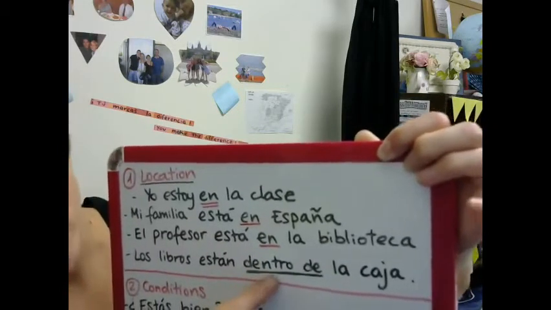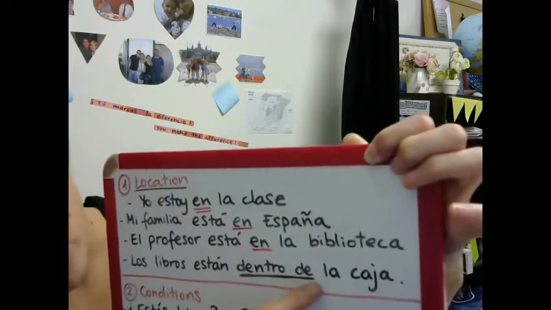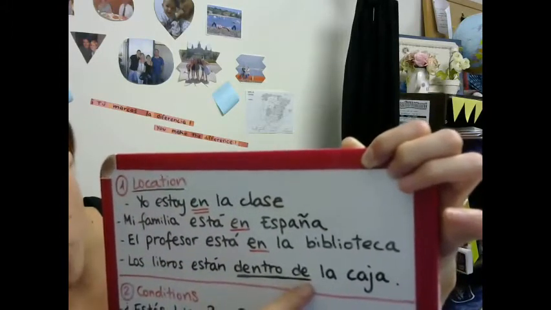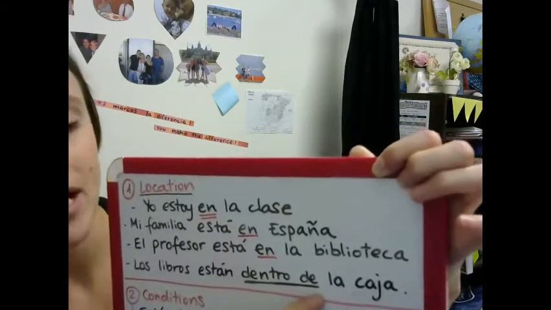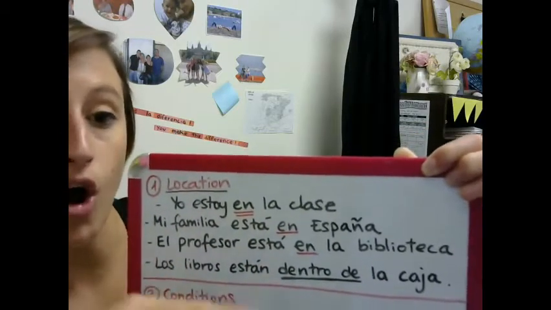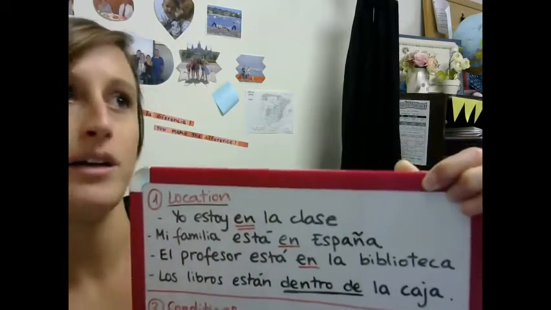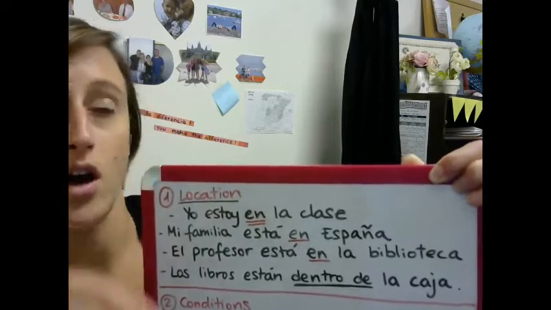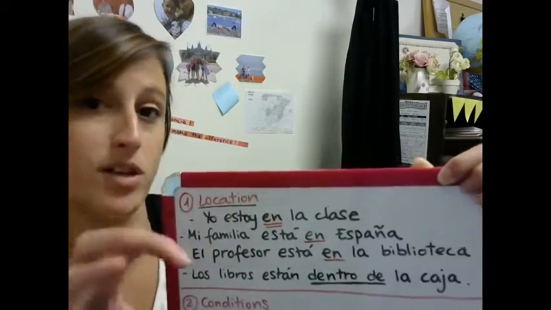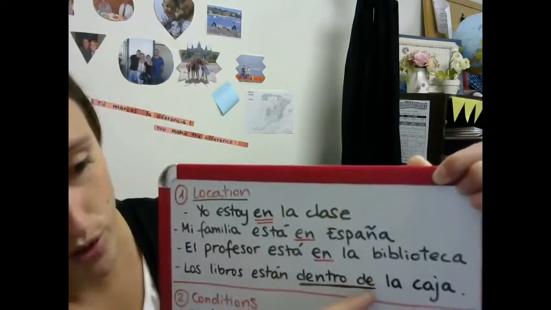We're not going to use en here; we will use de most of the times. Los libros están encima de la caja, on the box. Like on, inside, outside, on top of, or below. They are called prepositions of place. If you use some of those prepositions, we will use de.